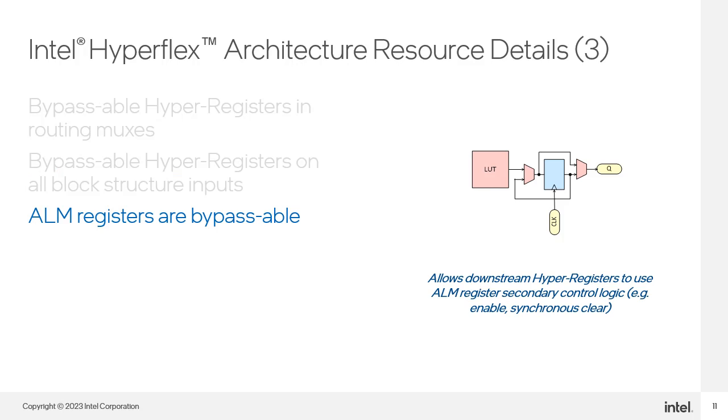This means that instead of registering a signal in an ALM, that registering can be done downstream in a more ideal hyperregister location for timing. But the ALM's control signals could still be used by that downstream hyperregister. You can see more on the impact of this architectural feature in follow-up online training.